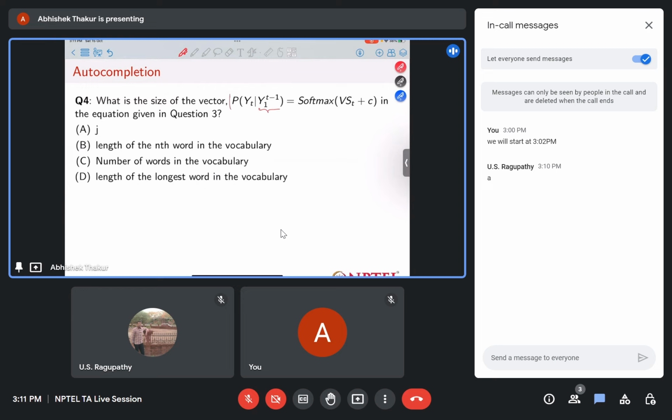This is just the language modeling problem we have discussed before. So what is the size of this vector? Generally the size is the number of words in the vocabulary, because the probability distribution gives the probability of all the words in the vocabulary. So the size of this vector will be equal to the number of words in the vocabulary. That is, option C is correct for this question.